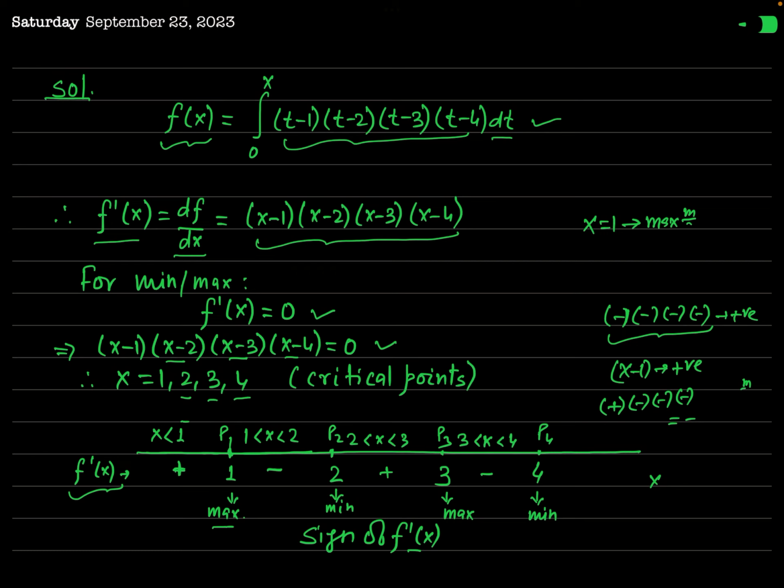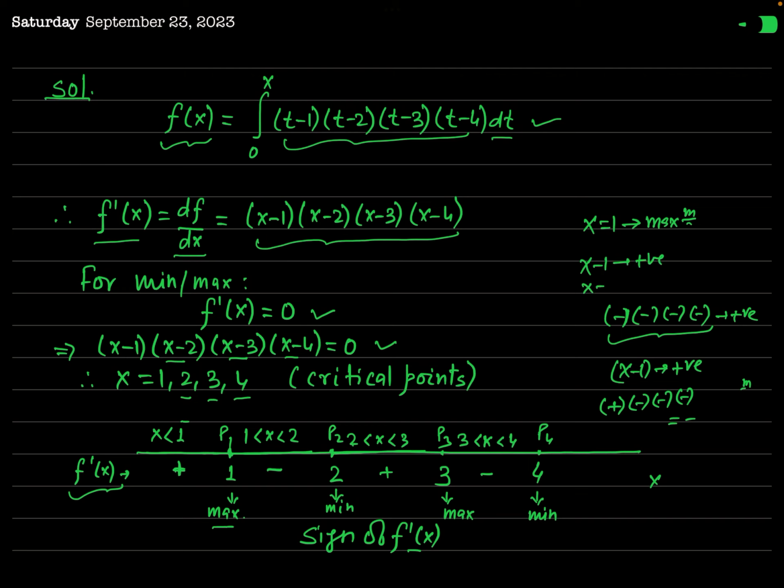Now see, what will be the sign of this f dash of x when we talk about the region where x lies between 2 and 3. It means 2 is smaller than x and x is smaller than 3. Here x is greater than 2. In this condition, x minus 1 will be positive.